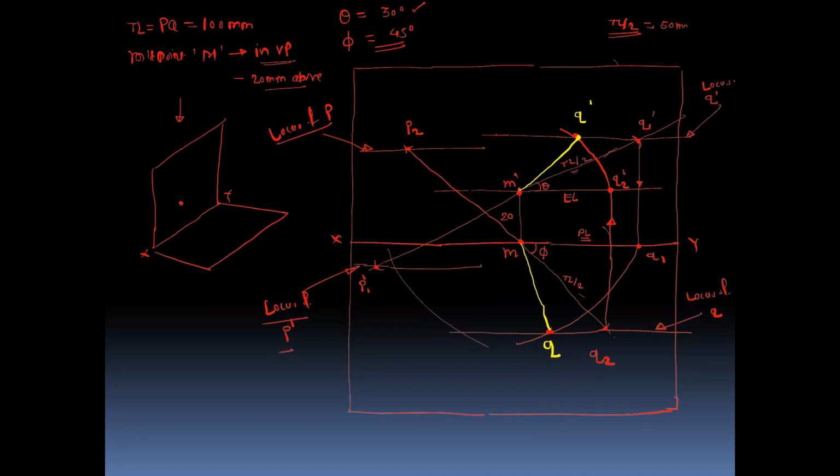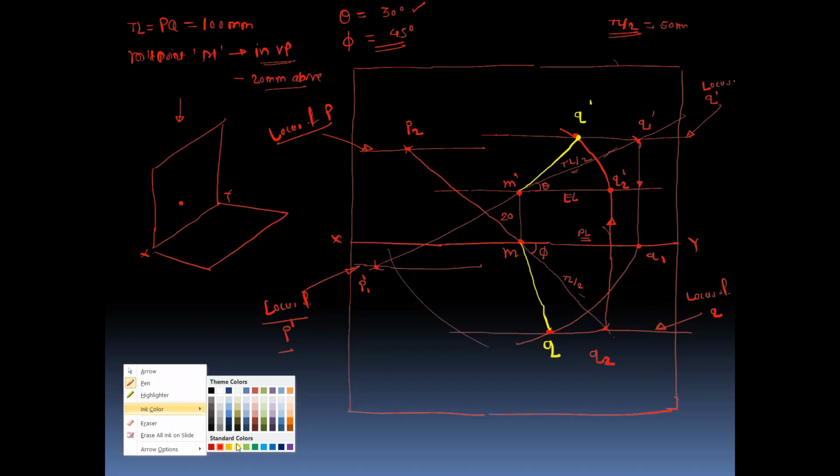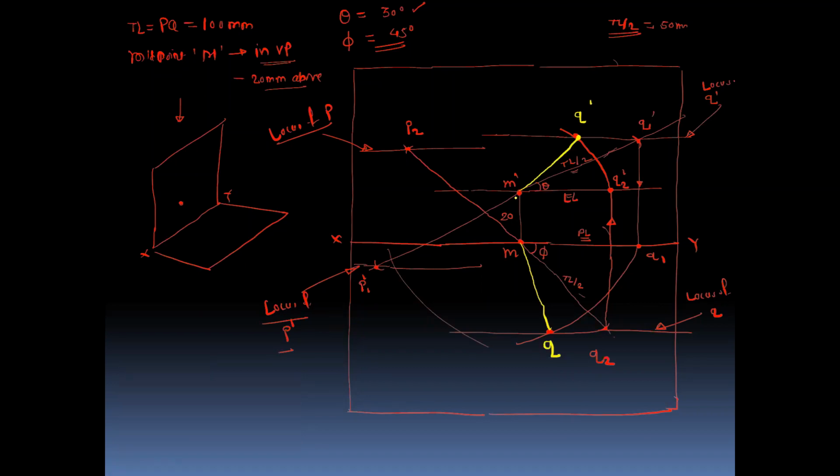Okay, now just extend this M dash Q dash. So this is the actual point P. Okay, and extend the second, that is the top view.